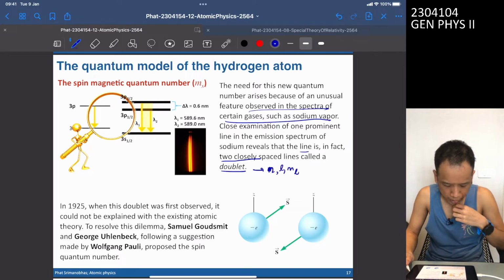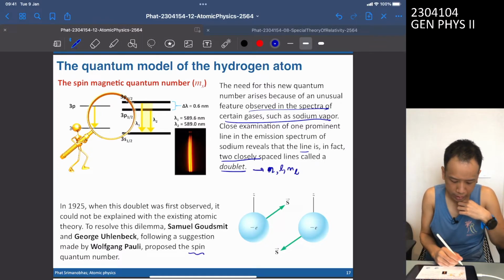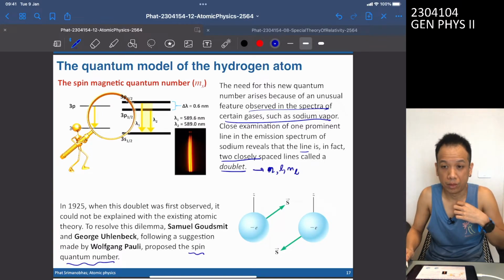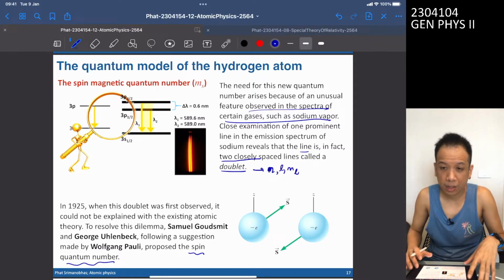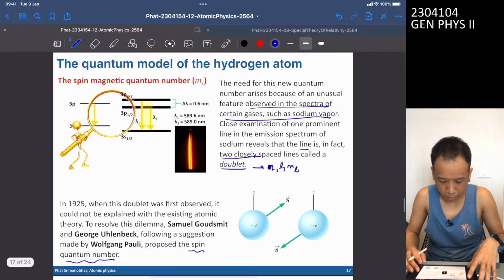A dilemma is something which is difficult and needs to be resolved by some alternative thinking. Samuel Goudsmit and George Uhlenbeck followed the suggestion by Wolfgang Pauli to propose a new quantum number, related to what we call the spin quantum number. We're going to discuss this when we have a clear picture of the spins.